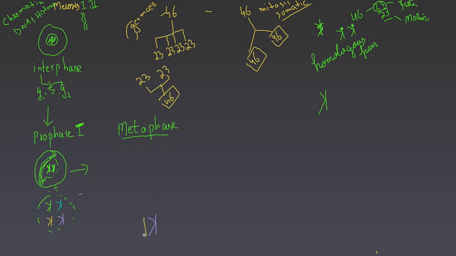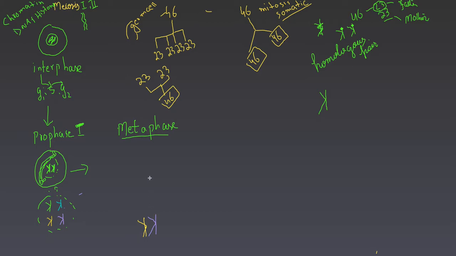So let me draw it here. So you see, this part of the chromosome, let's say, encodes for eye color. Let's say it's black, and this part of the chromosome also encodes for eye color, but for blue. But what happens is that when it finds its homologous pair, they come close to each other.